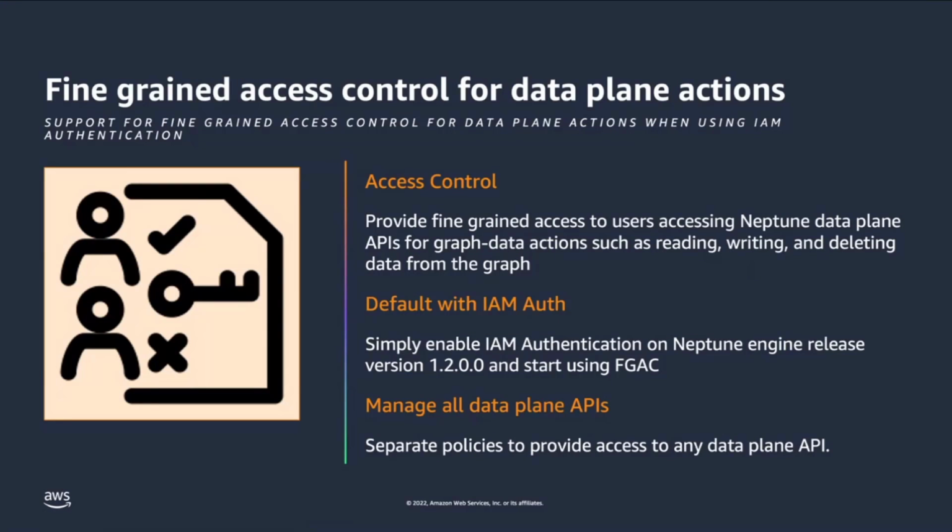This allows you to set up least privileged access for applications that are using Neptune to give them only the specific permissions that they need. This is now the default when you turn on IAM authentication as of the 1.2.0.0 release. And it really allows you to create those separate policies to any data plane API.